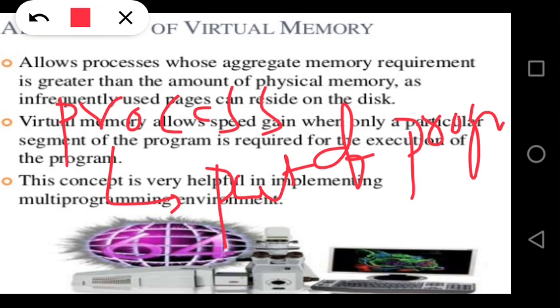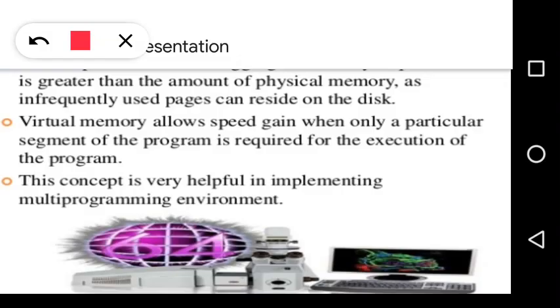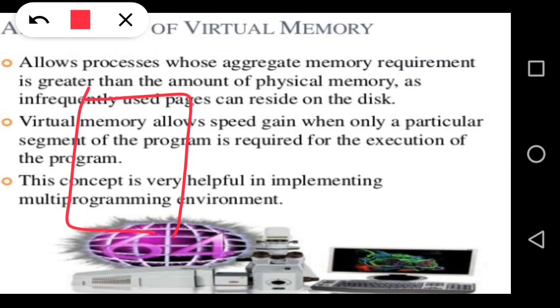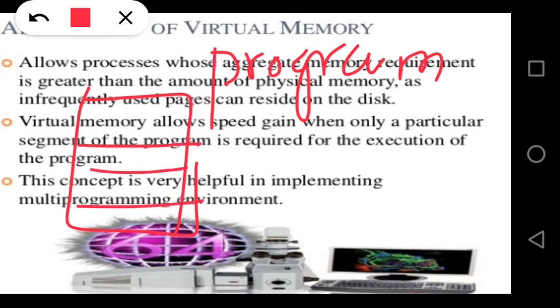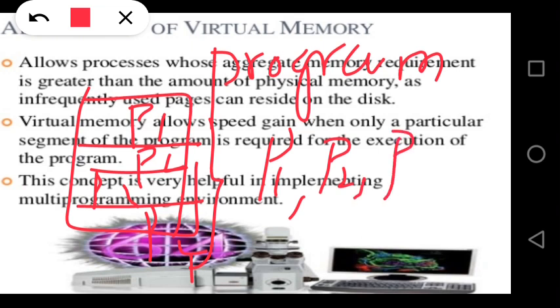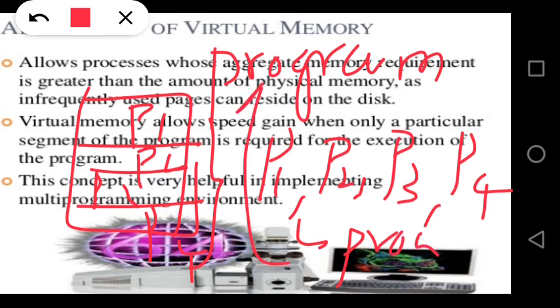Let's assume this is my program, and this program is divided into processes P1, P2, P3, P4. So these P1, P2, P3 and P4 are called processes of this program.